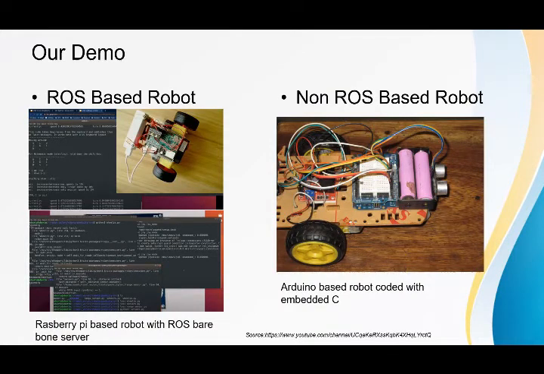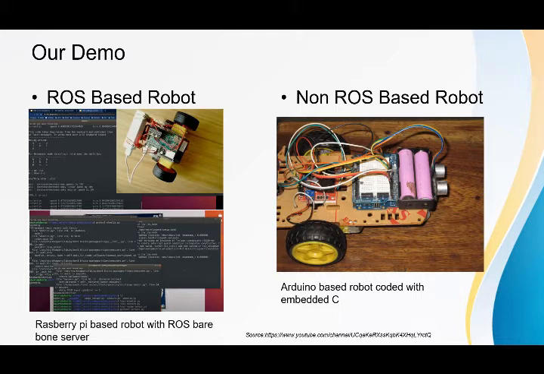Our demo. In this slide, we are going to give two descriptions of a ROS-based and a non-ROS-based robot. We came up with a non-ROS-based robot which uses Arduino, motor drivers, and batteries.